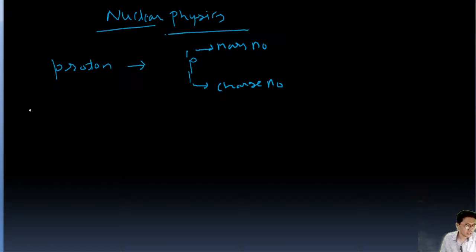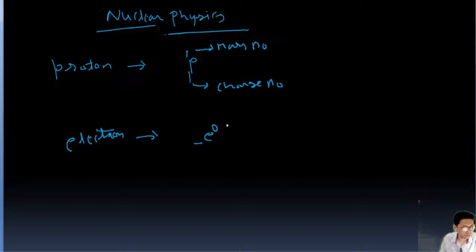Now if you talk about electrons, the electron is denoted by -1e0.